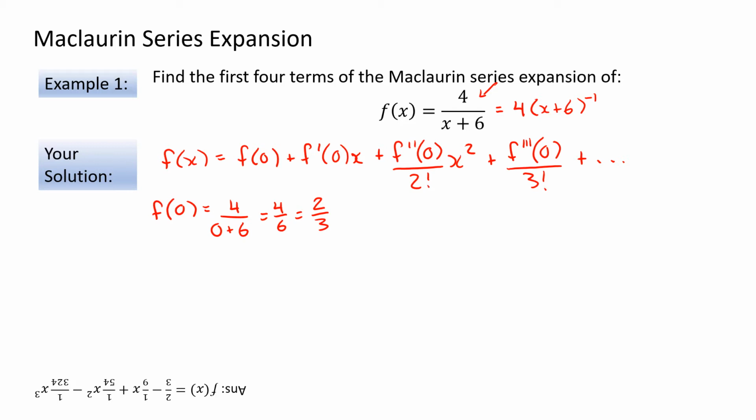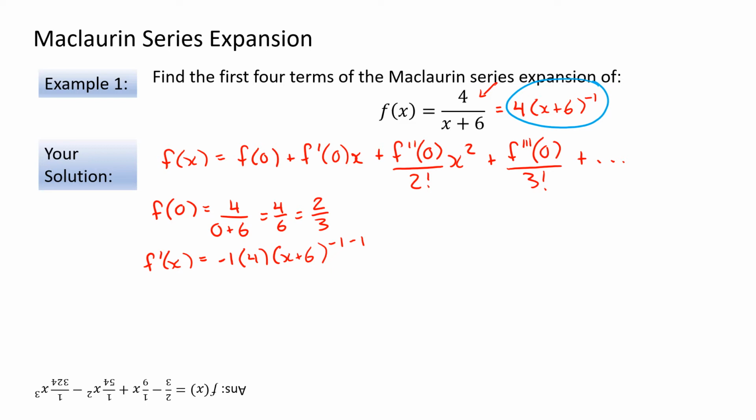So to do that, we have to find f prime of x, which in this case, the reason I kept it like this is because we can use the power rule. So we get negative 1 times 4, x plus 6. And remember, you have negative 1, you subtract 1 from the exponent. So I simply move this negative 1 exponent down to this location here.